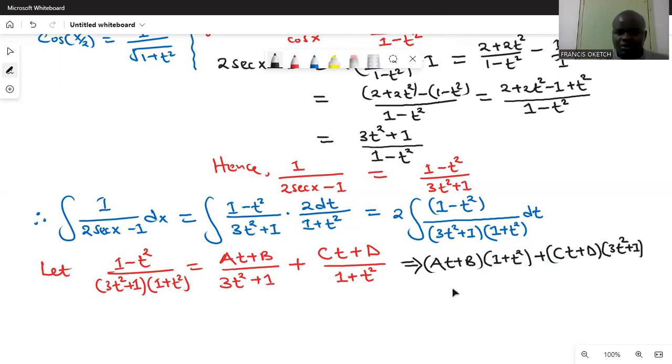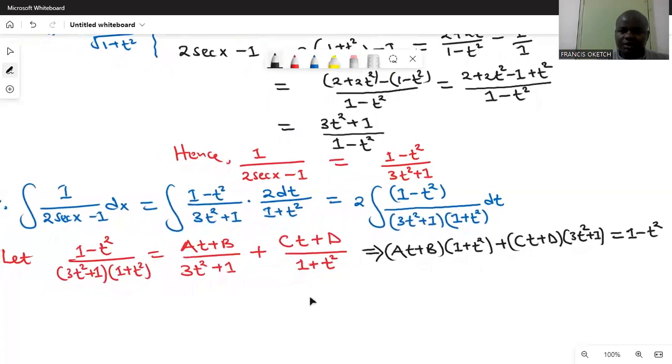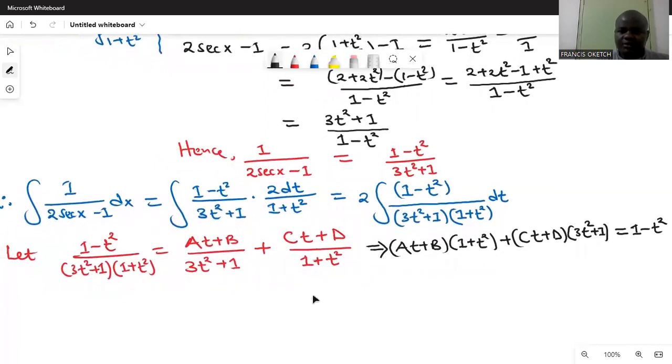This should be equal to 1 minus t squared. That equation we can simply expand on the left-hand side.